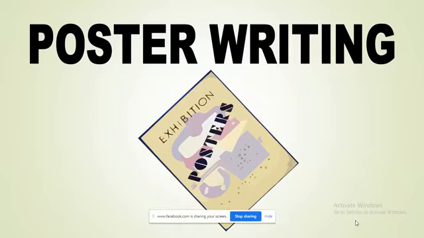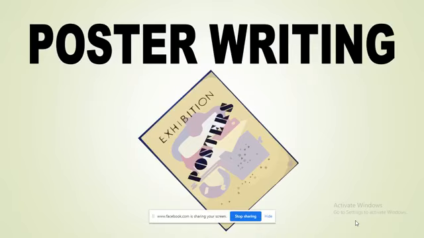Dear children, just to remind you that in class 11th, in short compositions, there are three writing items. One is notice writing, second is advertisement writing, and third is poster writing. In class 12th, there are four short compositions.